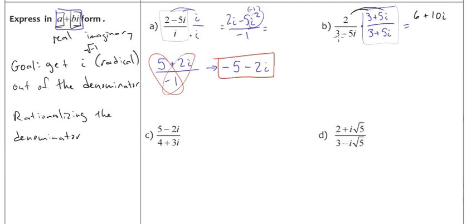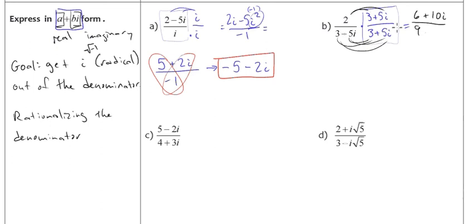And then on the bottom, we have 9 plus 15i minus 15i. They cancel out. And then minus 25i squared. Let's not assume there; let's actually write it in.